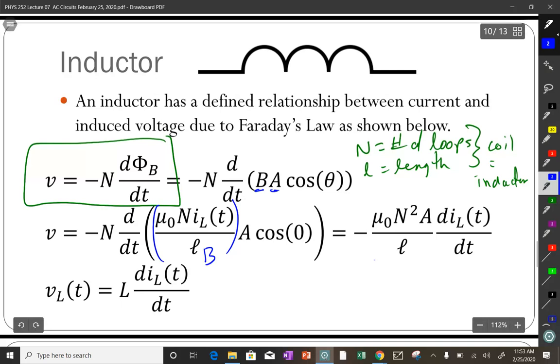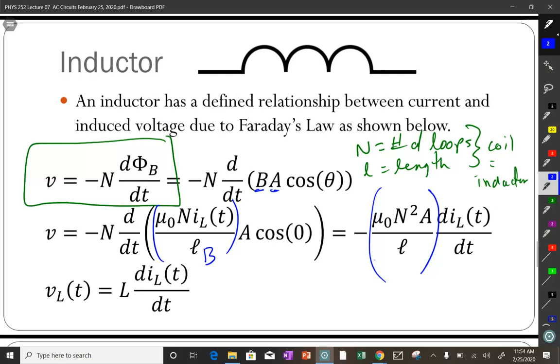It turns out that the voltage across the inductor is minus this stuff here, which is physical parameters: mu naught, the number of turns, the length, the area of your loops, times the derivative of current with respect to time.